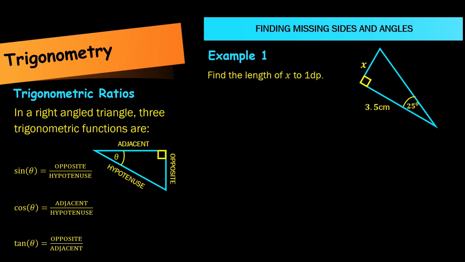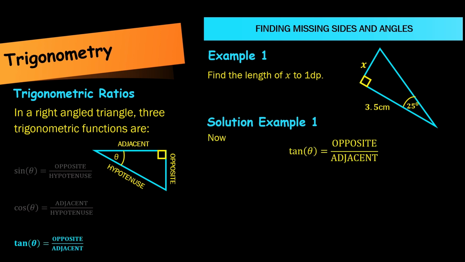Let's have a go at an example where we can apply these ratios. We are required to find the length of x to one decimal place in the given diagram. As indicated, x is the opposite to the angle. 3.5 centimeters length is the adjacent to the angle. Therefore, we're going to use tan theta equals opposite over adjacent.